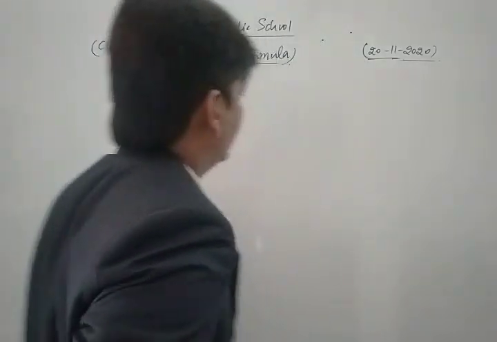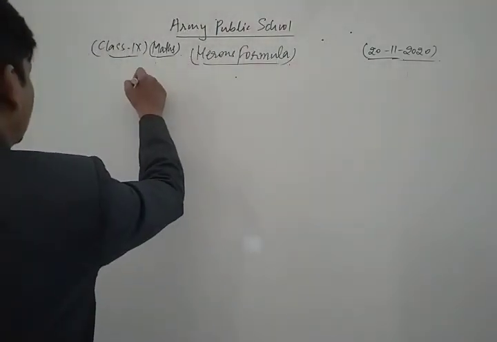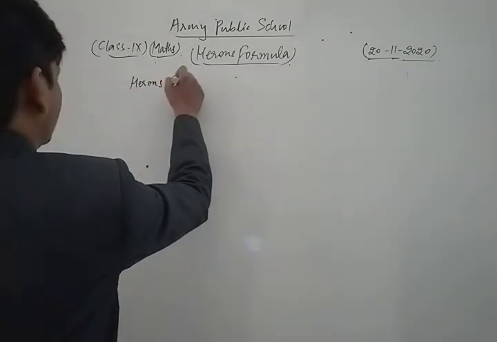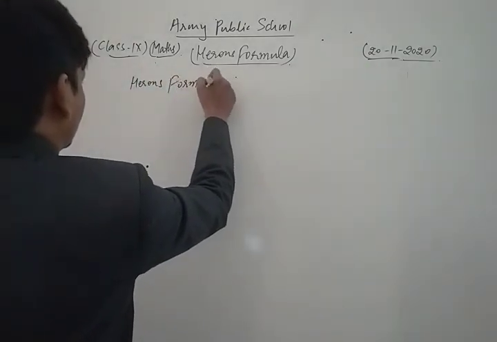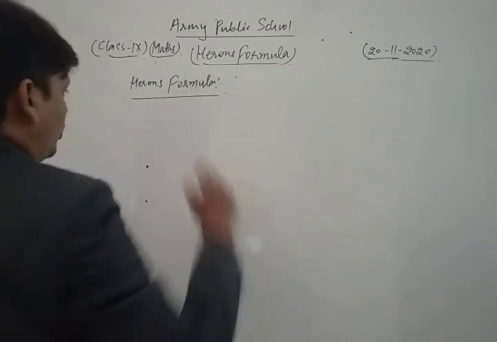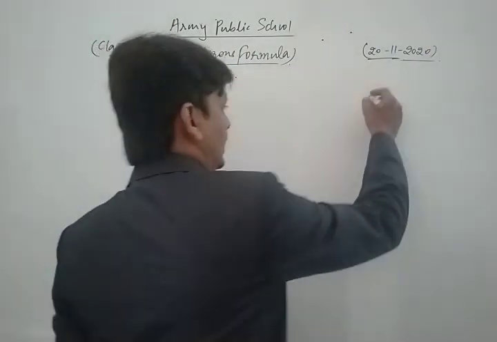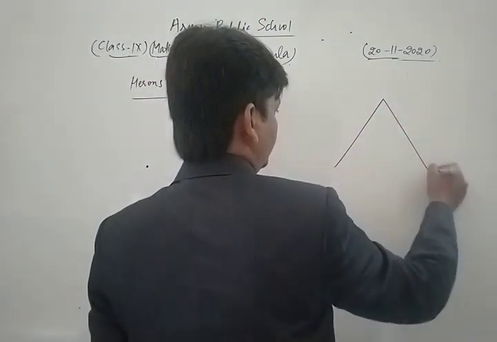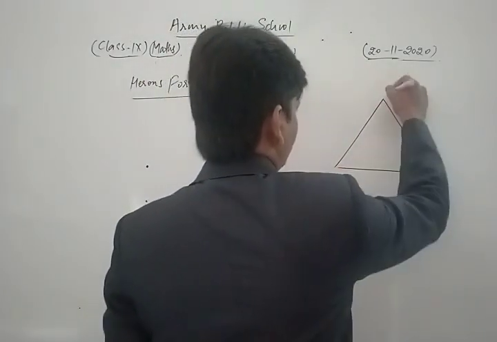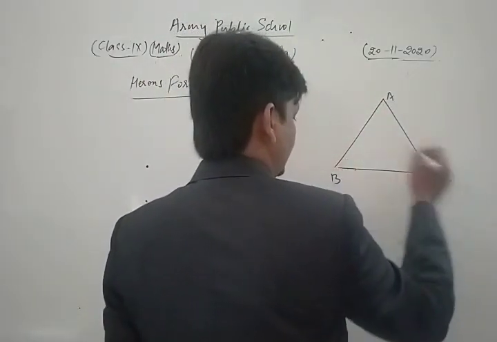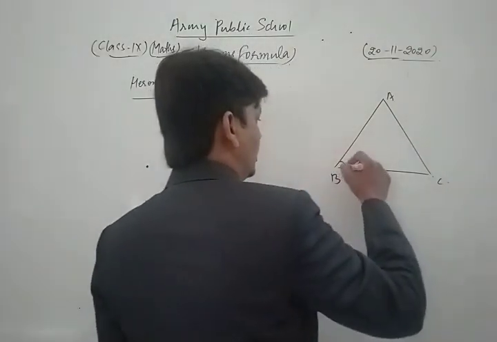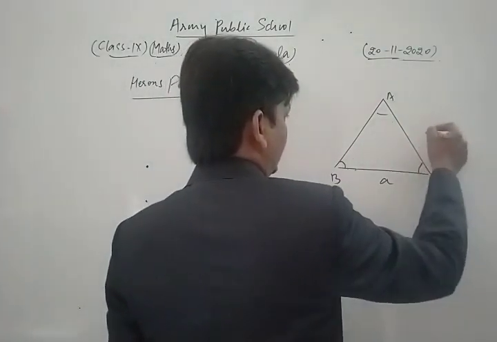Let's see, dear friends. Now we are going to discuss Heron's formula. Suppose that ABC is a triangle in which all of its sides are different.